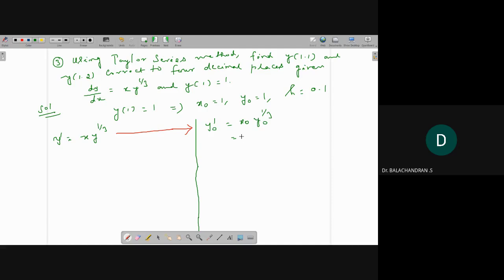What is x naught? X naught is 1, y naught is 1, so you get 1. So y naught dash is equal to 1.